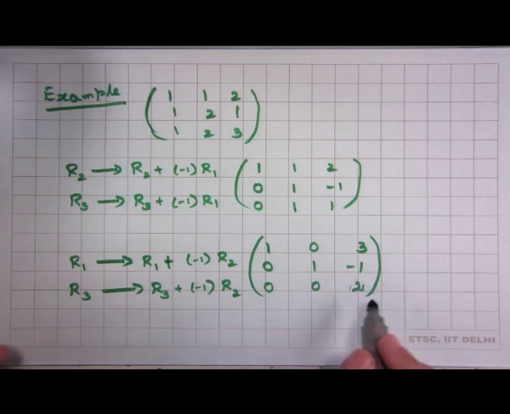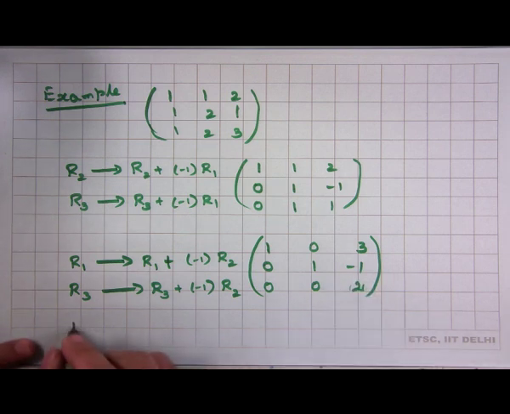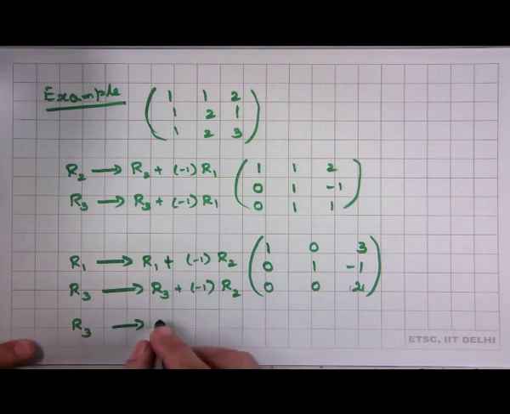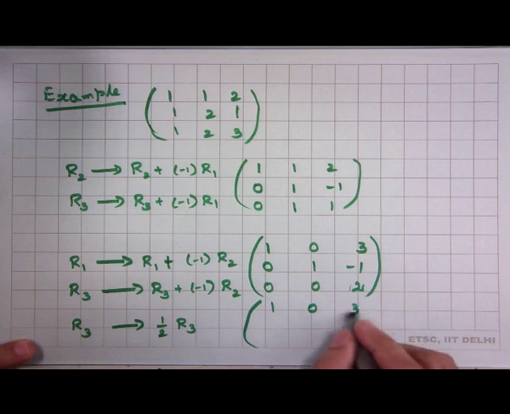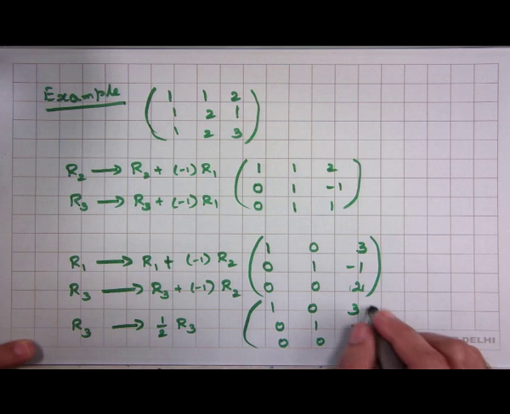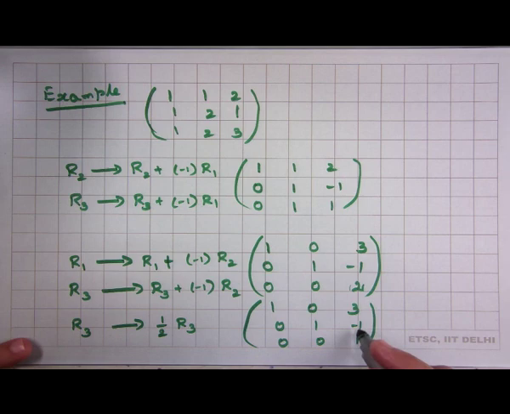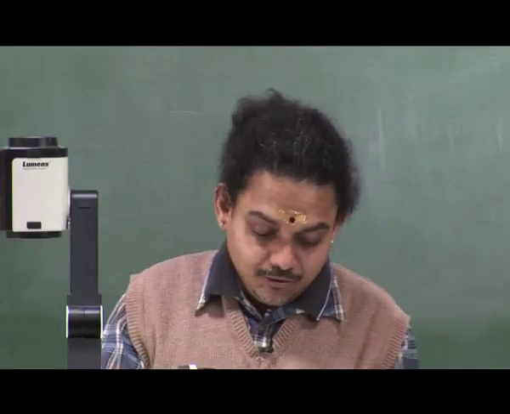So, this is the only non-zero coefficient, and what I have is I should make this into 1. So, replace R3 by 1 by 2 times R3. I have other things: 1 0 3, 0 1 minus 1, 0 0 1. I will have to make the other two elements 0 which is minus 1 and 3. So, let me just convert them into zeros.